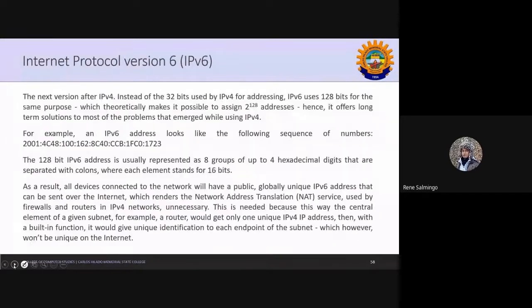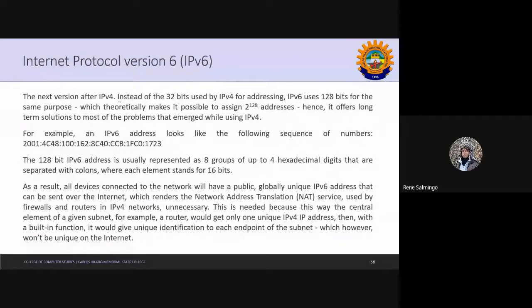Nothing new. Okay, for IP version 6: IP version 4 uses how many bits? It's 32.